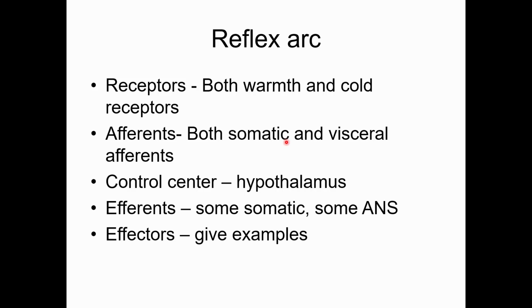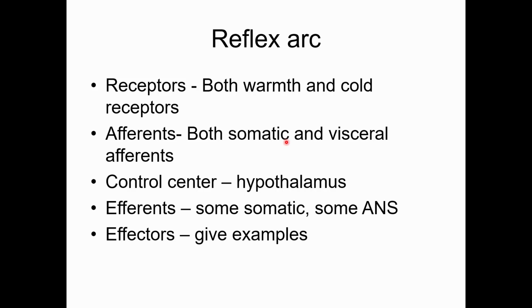In the hypothalamus is a control center and a set point. Well, if your body temperature is less than the set point or greater than the set point, then the control center is going to ascertain that you're too cold or you're too warm.